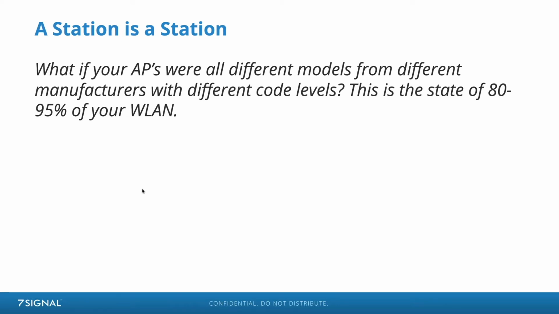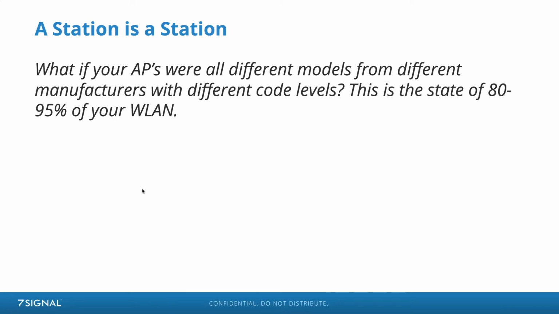So just imagine if in the same wireless network you had APs from Cisco and Aruba and Extreme and Meraki and Ruckus and Mist and so on, all in the same network. And they were all different models, and they were all different code levels. It would be an enormous disaster of a Wi-Fi network. But that's kind of the status quo for our clients.